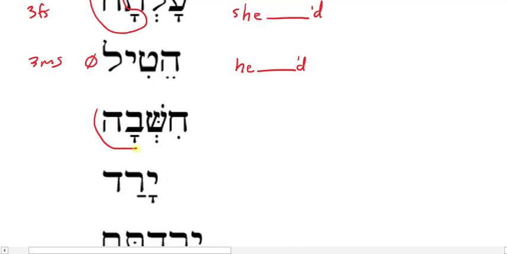It's the qamats-tav. So that's third feminine singular. Translate, she blanked, whatever that verb means. Yarad. What's my personal ending? There is none. It's third masculine singular. So who did it? Yeah, he blanked.